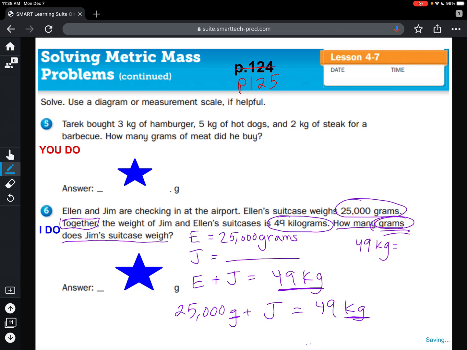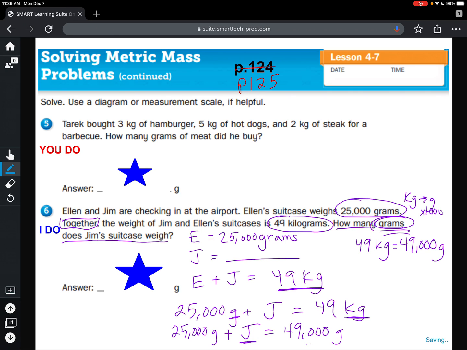When I go from kilograms to grams, do you remember what I have to do? When I go from kilograms to grams, I'm going to multiply by 1,000. So 49 times 1,000 gives me 49,000 grams. Now I know that 25,000 grams plus Jim's suitcase equals 49,000 grams.